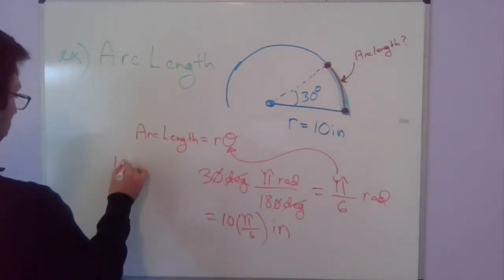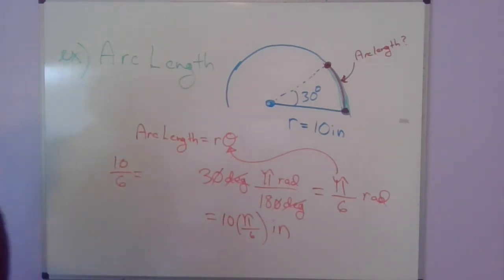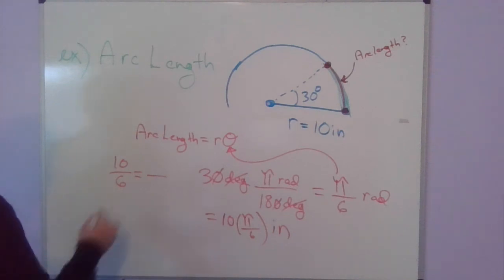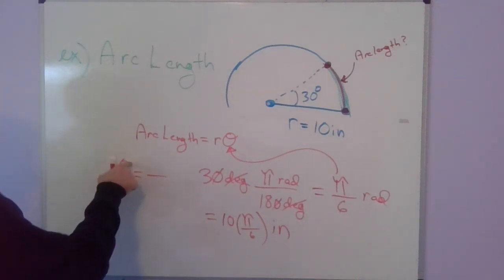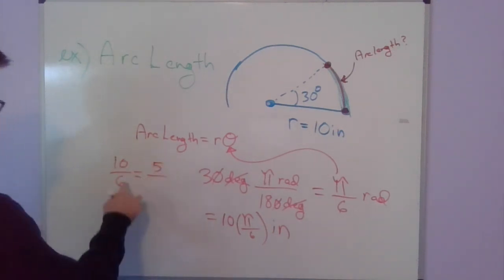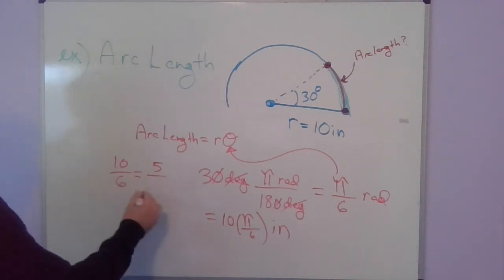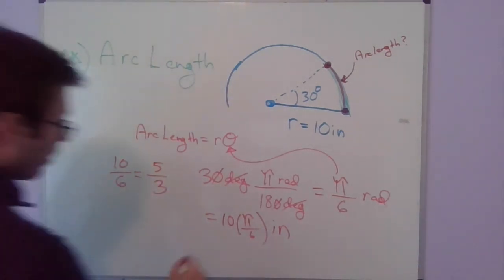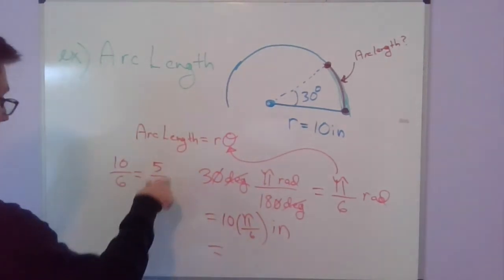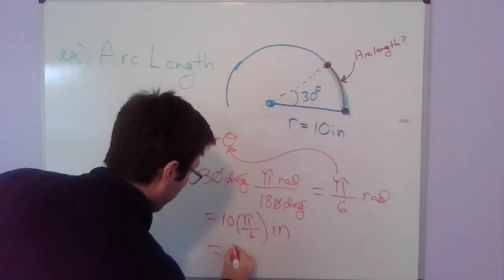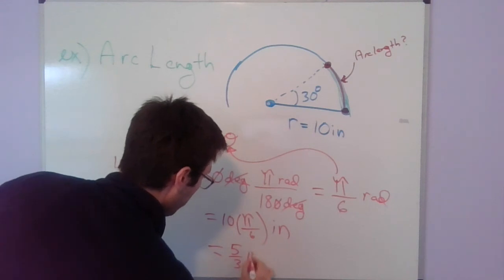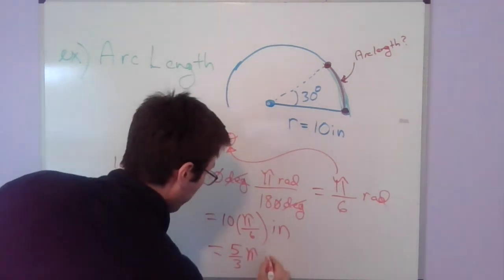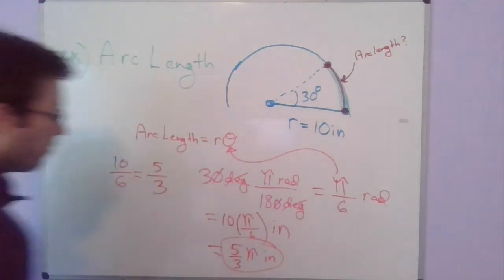Then 10 over 6, the numerator you can divide by 2, so this would be 5, and divide the denominator by 2, so this would be 3. So 10 over 6 is really 5 over 3, so you get 5 over 3 times pi inches as the arc length there.